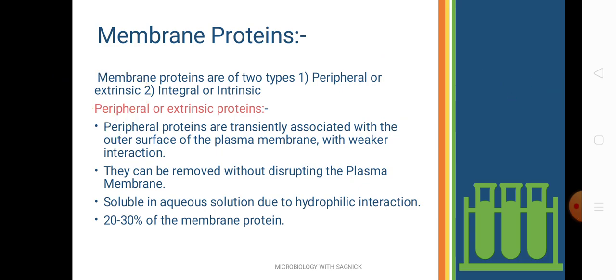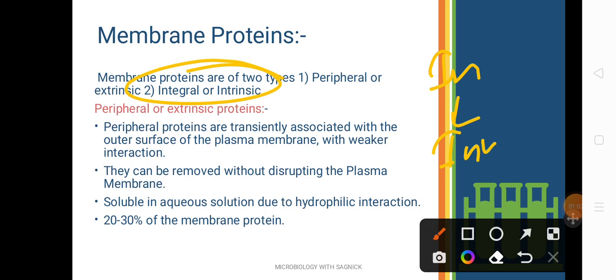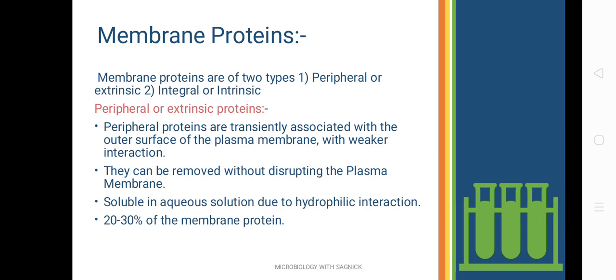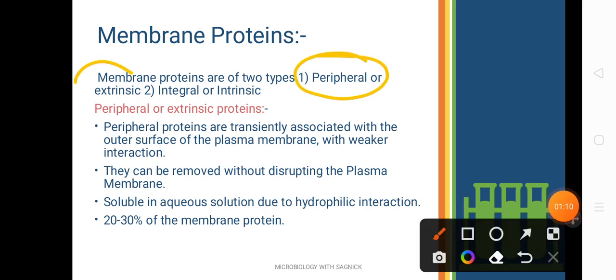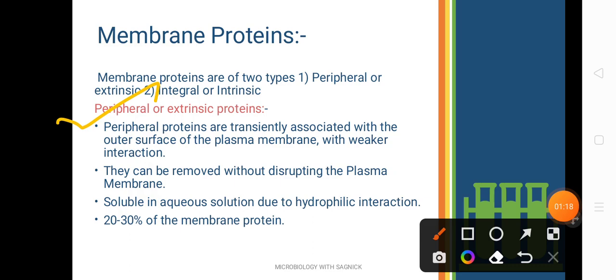And integral or intrinsic, in means inner, that means proteins that are present in the inner side of the plasma membrane. So peripheral proteins are also known as extrinsic proteins, and integral proteins are also known as intrinsic proteins. Now, first let's talk about peripheral or extrinsic protein.